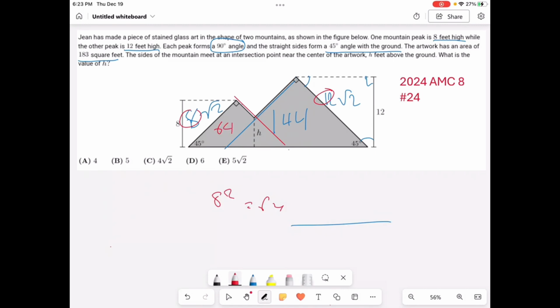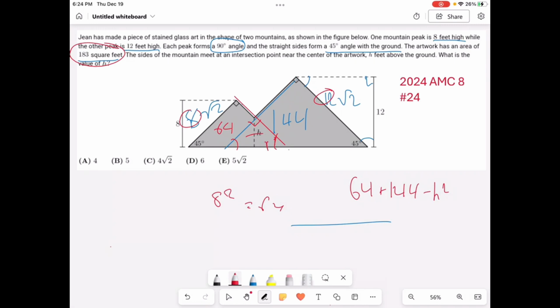Okay, then what is the overlapping going to be? Well, we know that the total area is 183. So this means that 64 plus 144 minus h squared, right? Because if you think about it, in this triangle, this is another 45. Let me redraw that. This is another 45-45-90, this small triangle in here. So whatever this is going to be equal to this.